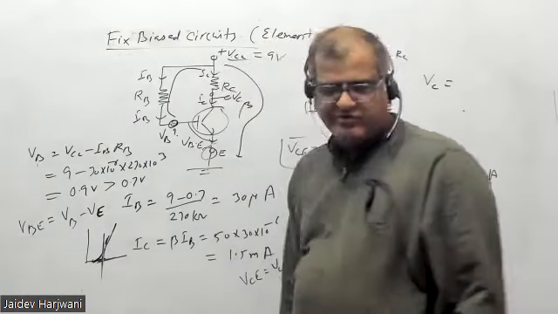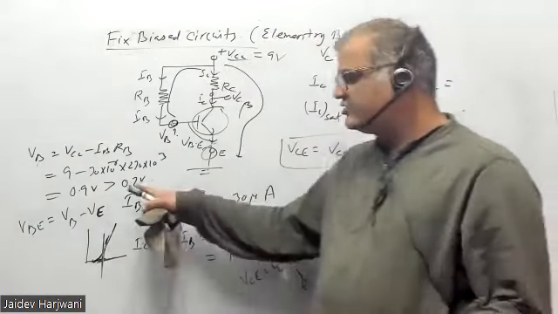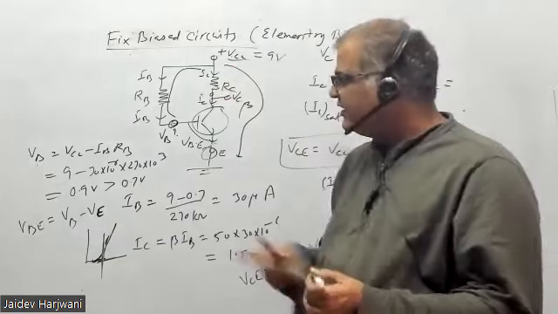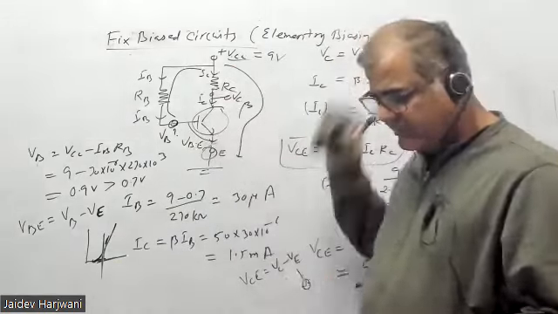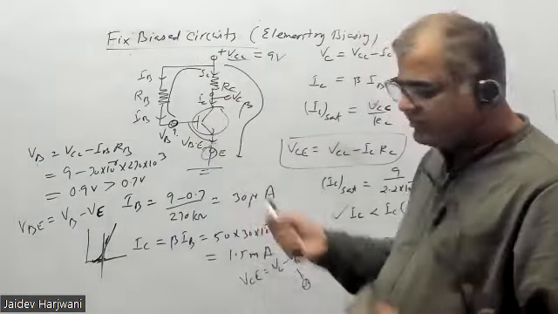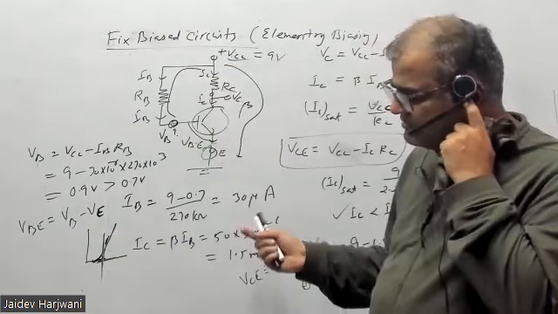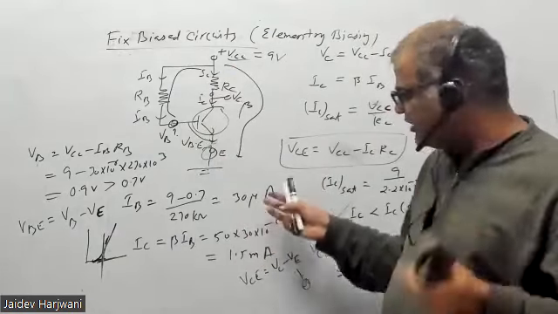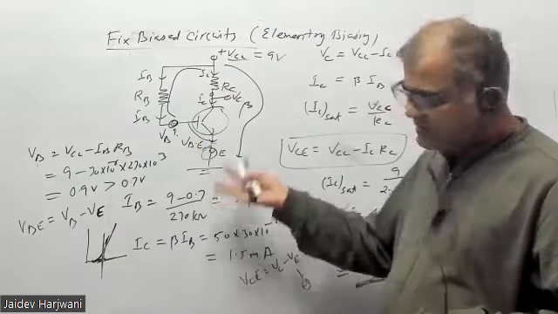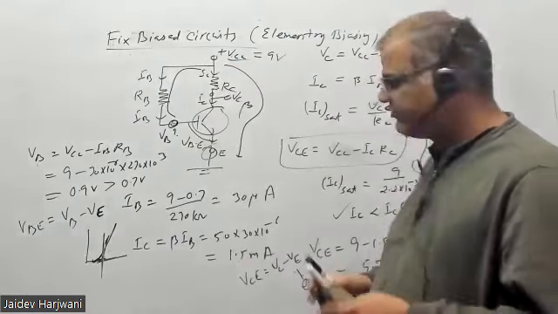We have to make sure that it should be equal to or greater than 0.7. Then only it is forward bias, otherwise it becomes cutoff. Or you can directly check the value of IB. If IB is very less, then you can say the operation region will go to cutoff.